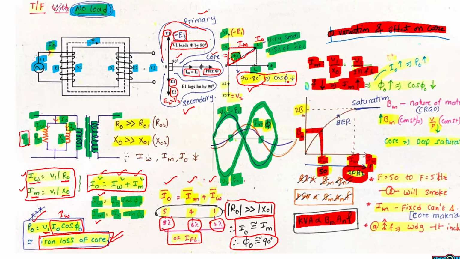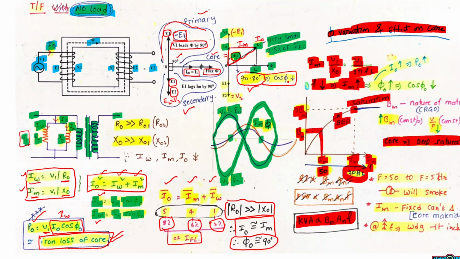As per the relation between magnetizing current and frequency, as the frequency decreases, magnetizing current will increase. So the corresponding Bm will be 2 times the Bm. So this is the break-even point and this is the saturation point. As the frequency decreases, magnetizing current will increase and the core will go into very deep saturation. So this is the saturation point.